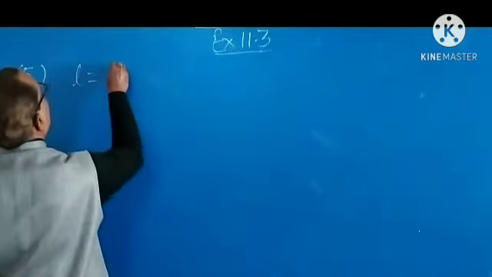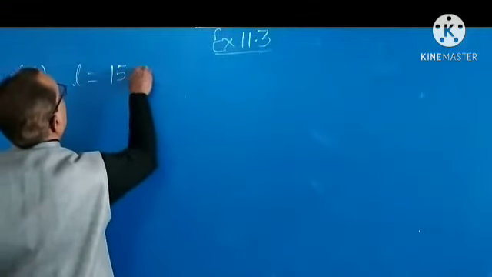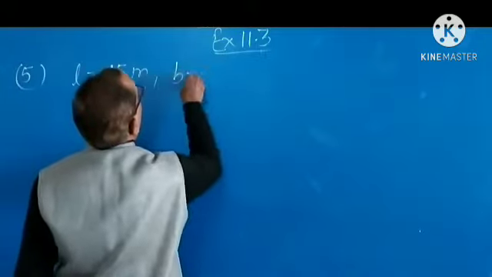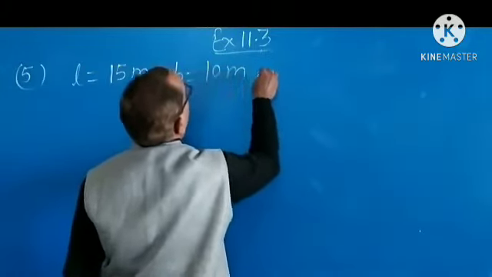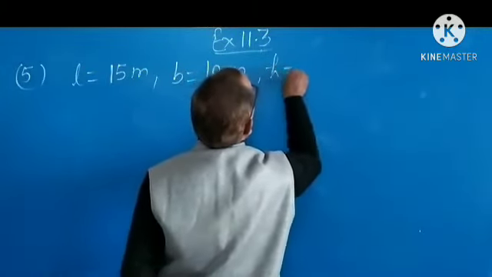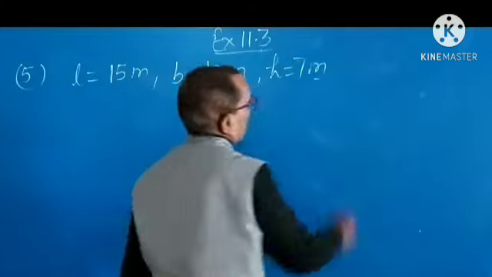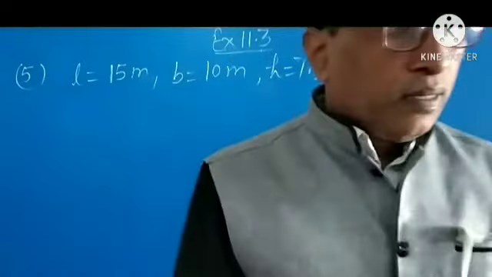Question number 5, length is equal to 15 meter, breadth is equal to 10 meter and height is equal to 7 meter. This is given in your question.